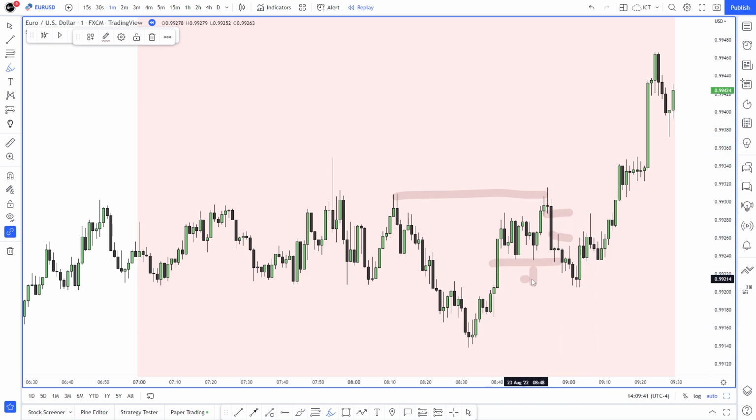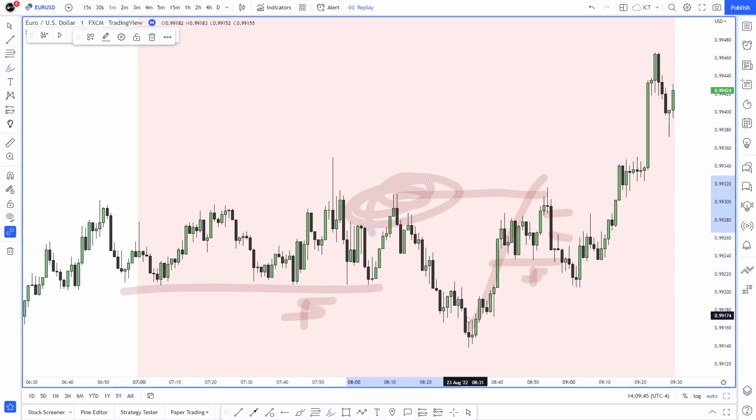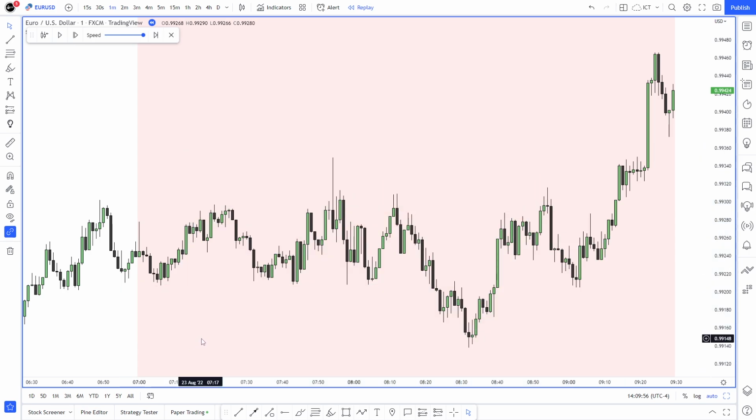Because the buy side is doing its thing. And this failed. It doesn't matter that it failed by a tick, by 2 ticks, by a pip. I don't care how much it fails by. If it fails, it fails. That structure is useless.